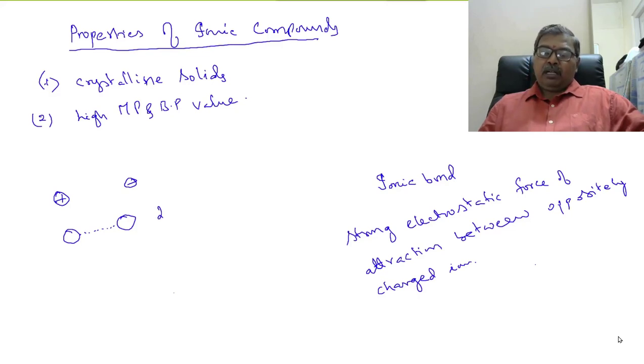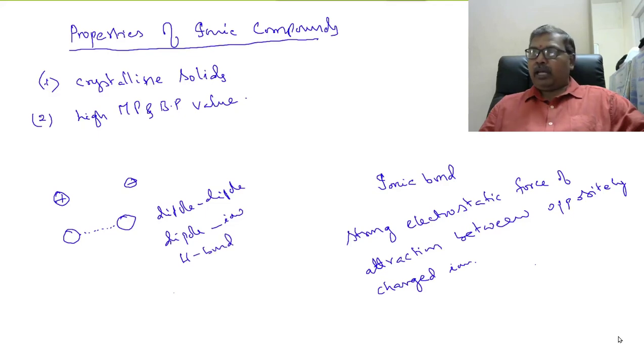They are dipole-dipole, dipole-ion. Next, hydrogen bond, it is also a weak electrostatic force of attraction. This we will discuss in the chemical bonding last topic, hydrogen bond. So like that, van der Waals forces of attractions.